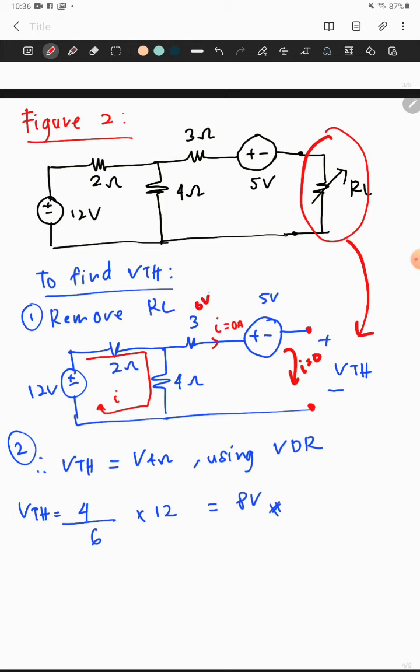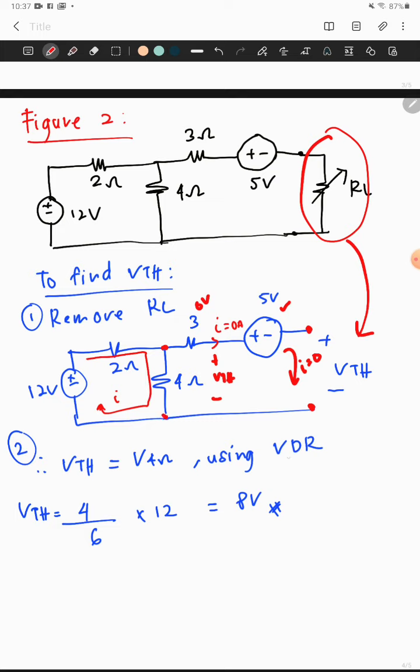There is no voltage drop over here, right? And then this voltage source cannot supply the circuit because it is not completely connected. So we can say that VTH over here is equal to V across the 4 ohm over here, because they are in parallel.